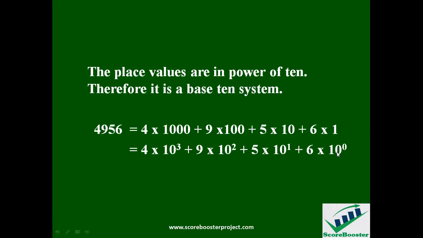It's not only 10. If you have 2 raised to power 0, you are going to have 1. If you have 3 raised to power 0, you are going to have 1. If you have 20 raised to power 0, you are going to have 1. So any figure that is raised to power 0 is going to give you 1. Because we have been using 10, that's why we use 10. So we just raise it as power of 0. That's why we have 10 to the power 0.